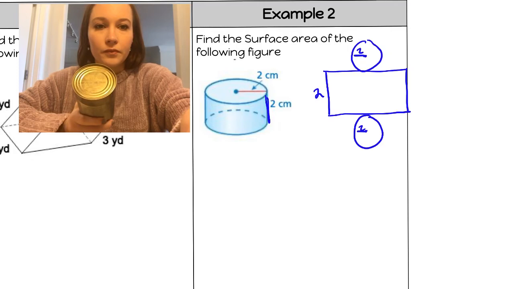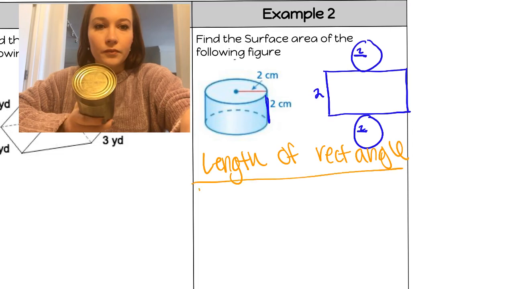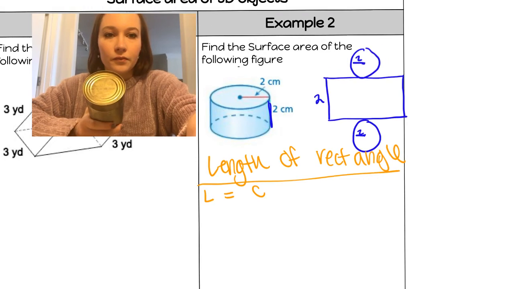So I'm going to find the length of the rectangle. Okay, the length of the rectangle is the same as the circumference of the circle.